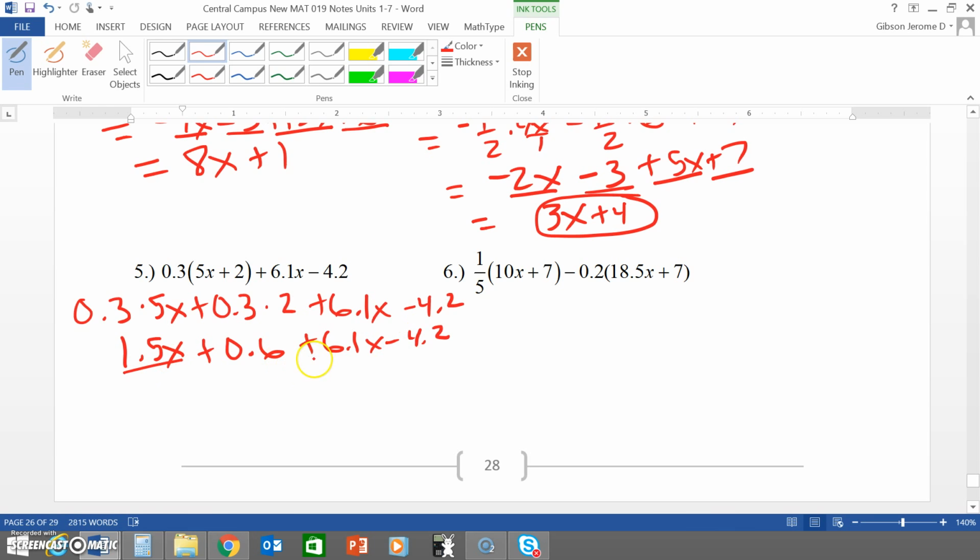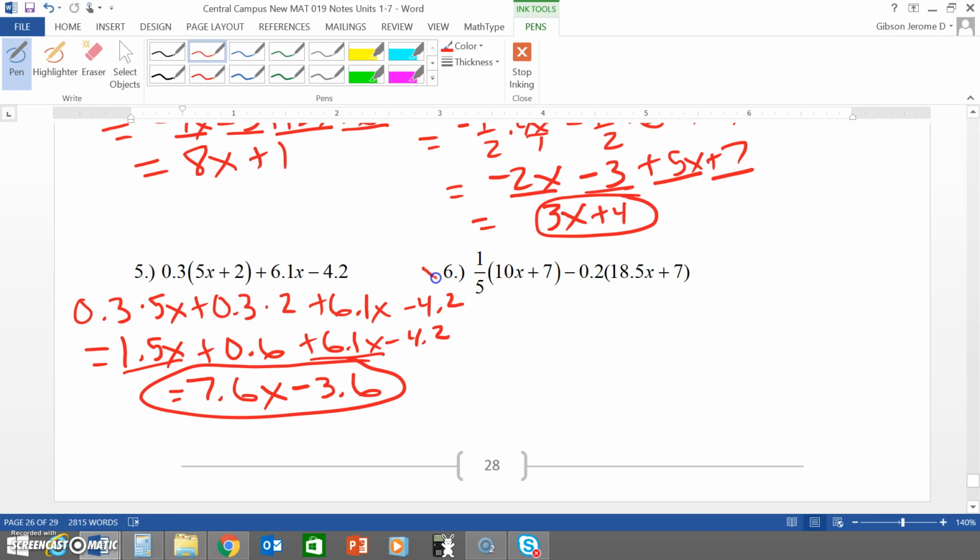Now 1.5x and 6.1x will give you 7.6x. And 0.6 minus 4.2 is a minus 3.6. So this is your final answer.